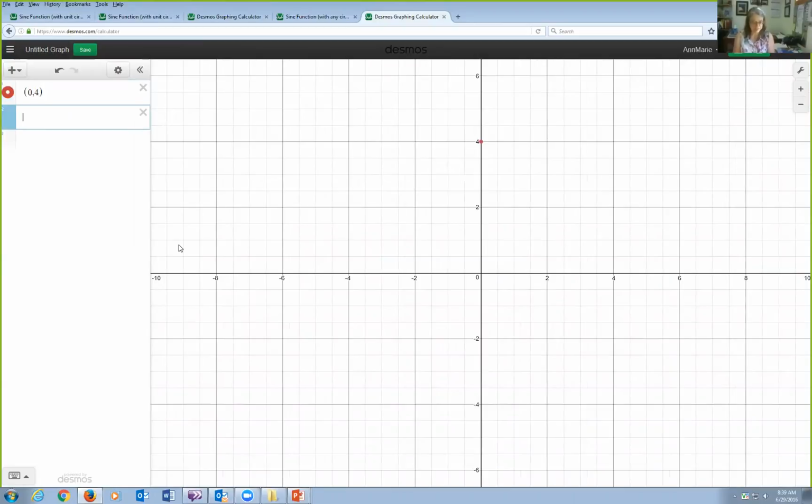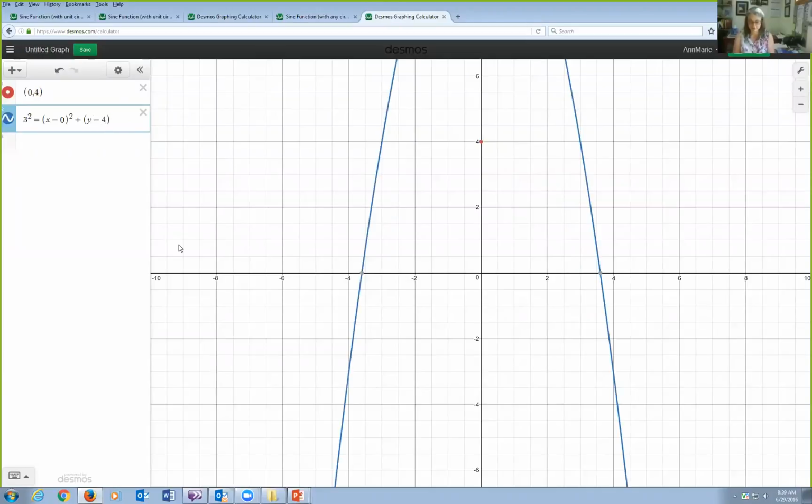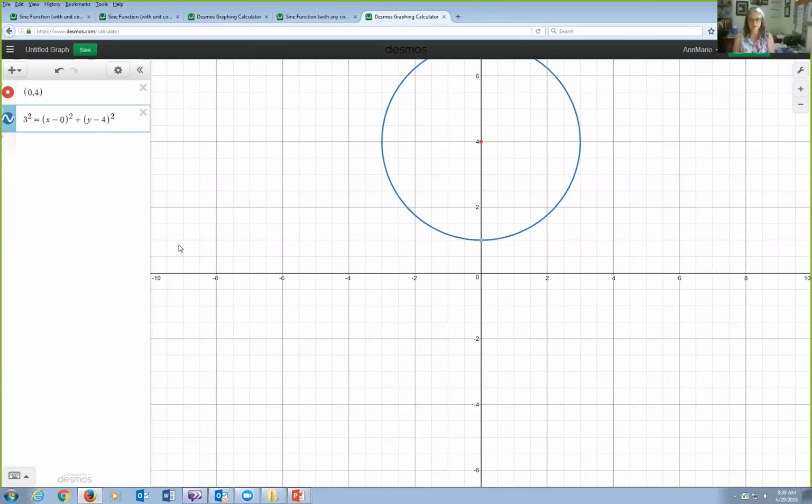It has radius 3, so 3 squared is equal to (x minus 0) squared plus (y minus 4) squared. So that's my circle of radius 3 centered at the point (0, 4).